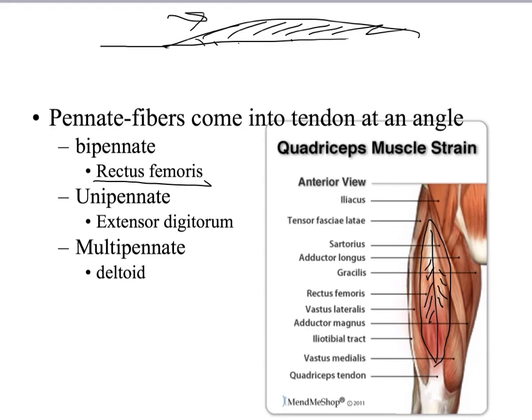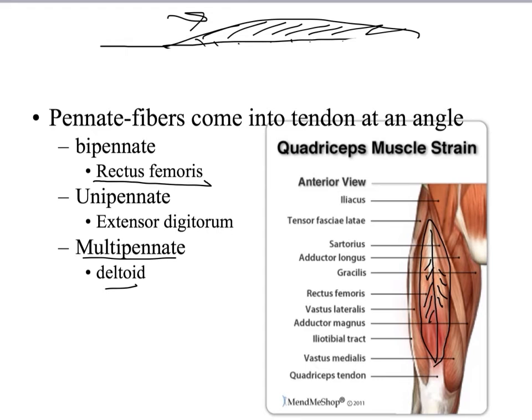And then multipinnate simply means that you've got attachments in which the muscle fibers wrap all the way around the tendon. The multipinnate example is going to be the deltoid muscle, the top of your shoulder, the top of your upper arm. The whole point of the multipinnate muscle is that it allows you to change the direction of your force or your pull.